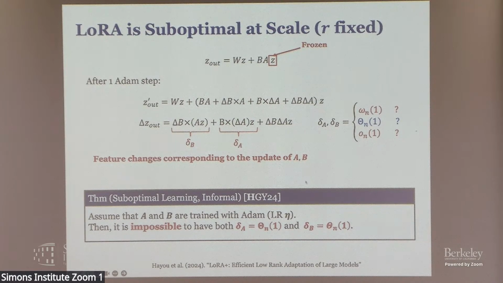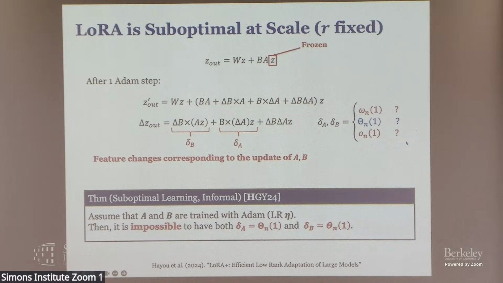Usually the scenarios are either that one of them is Θ(1) and the other goes to 0, which means it doesn't contribute to significant updates in the features, or you get something like Ω(n), which diverges. So it is impossible to have both equal to Θ(1) with respect to width.